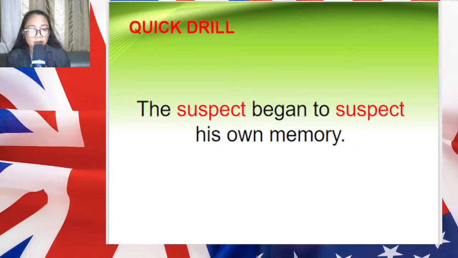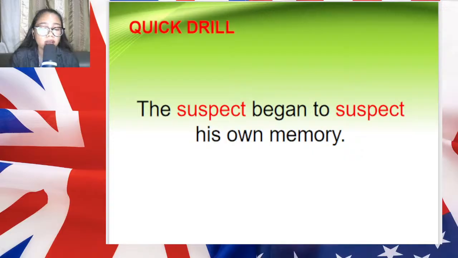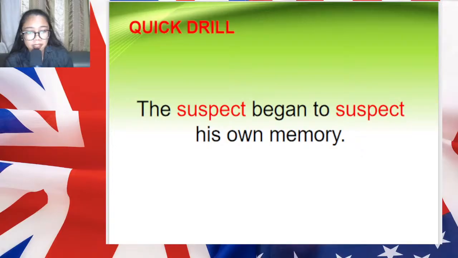In this one short sentence, we shift in vocabulary. The suspect began to suspect his own memory.